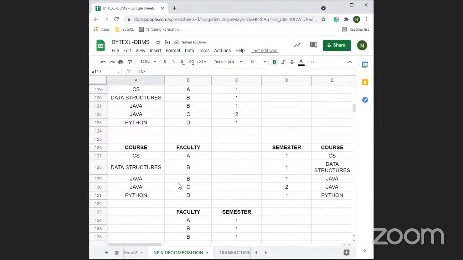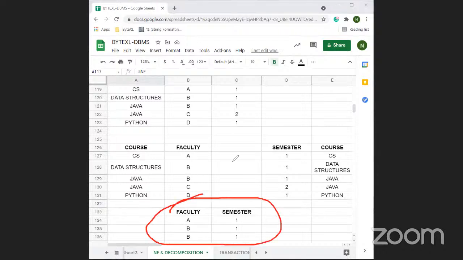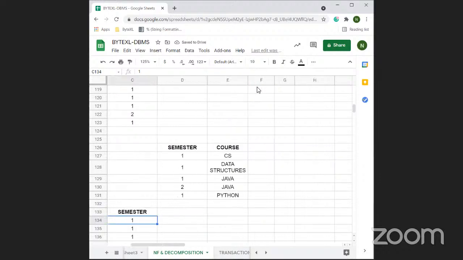That's why we are dividing this table. First, which faculty goes to which semester in a separate table. Why are we separating? If in the next semester, A is going for, suppose, semester number 2, if I simply change it here, that's sufficient. Then, which semester has which subjects?